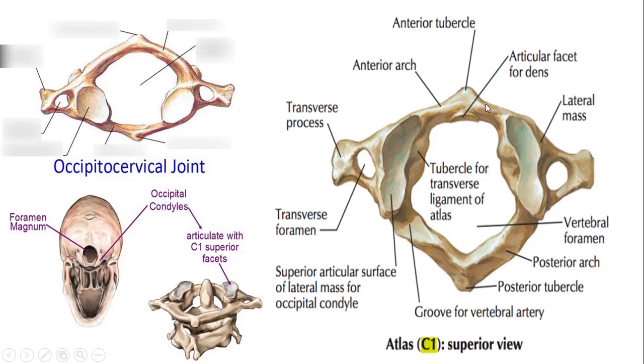Let's describe the atlas, or cervical 1 vertebra. Not only does it lack a vertebral body, but also it is ring-shaped, composed of two lateral masses here and here, interconnected through a short anterior arch and a longer posterior arch.